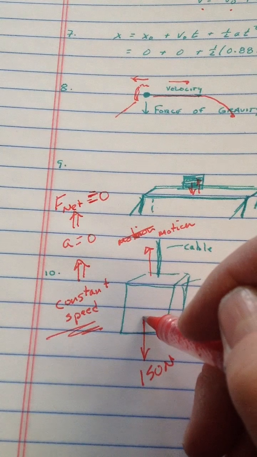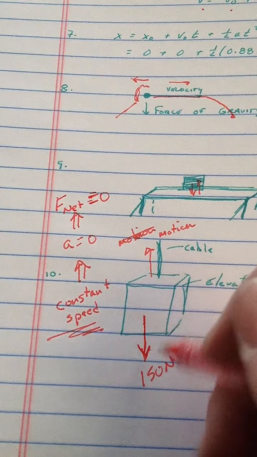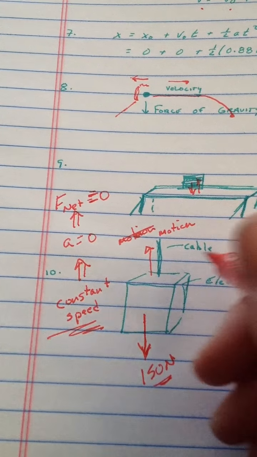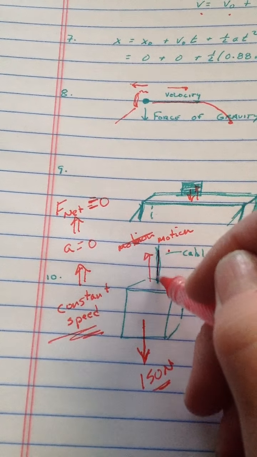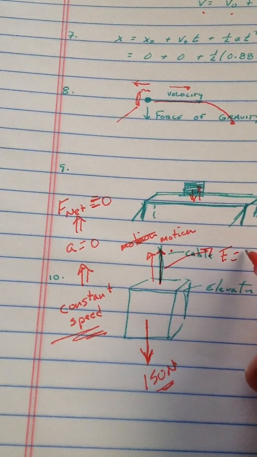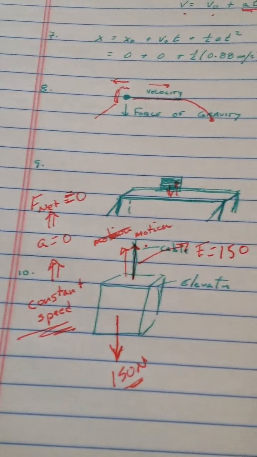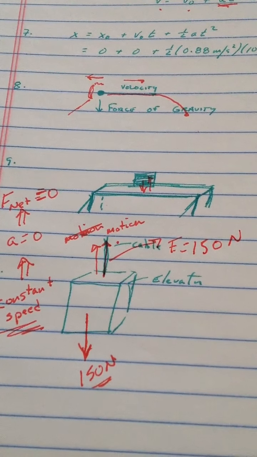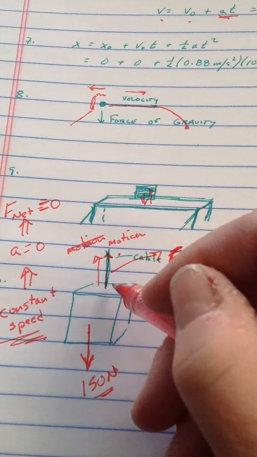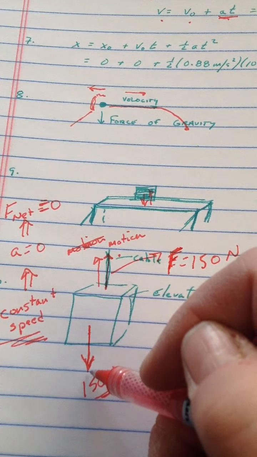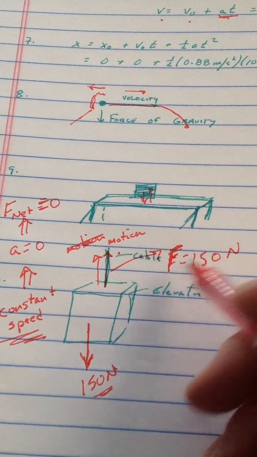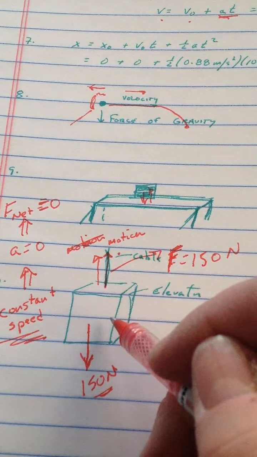Because there is no net force, if gravity is putting a downward force on your elevator of 150 newtons, then the force on the elevator provided by the cable, that's this force here, must be 150 newtons. It must be 150 newtons because there can be no net force on the elevator itself. They are opposite in direction, they are equal in magnitude.